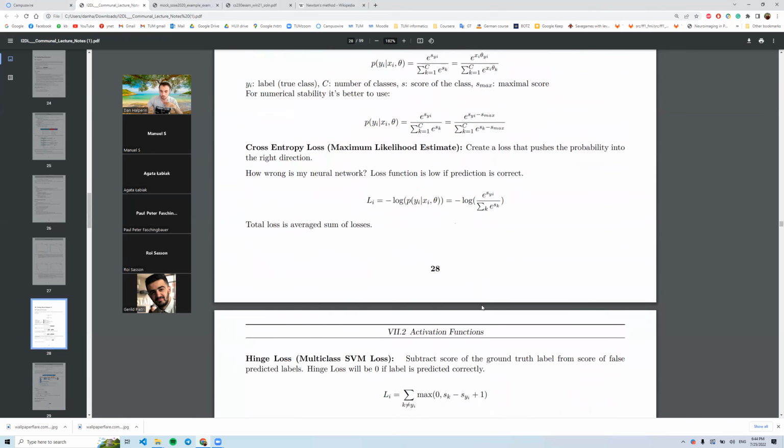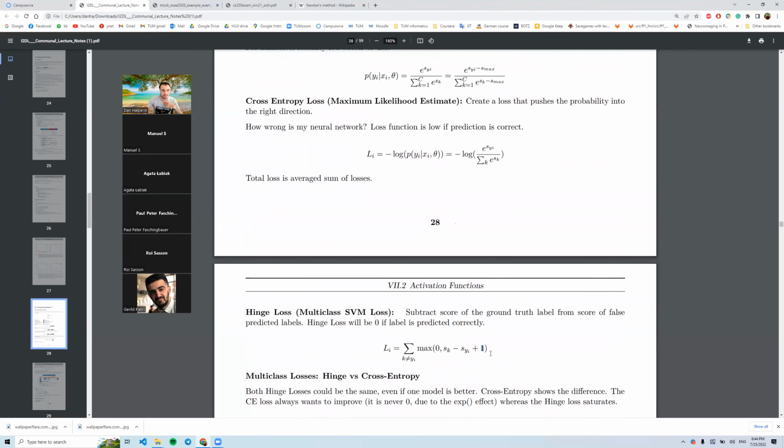So basically, this is a threshold, and when this difference is too big, we'll have a zero and then we saturate. When this becomes lower than -1, the entire loss becomes zero, and we don't need to train anymore, because that's it.